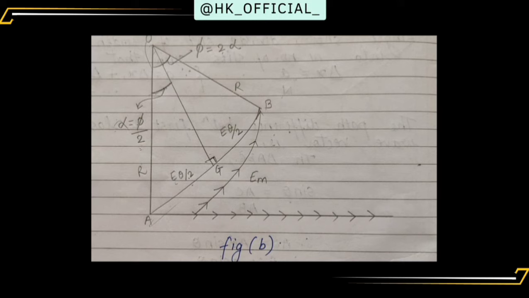Both are the same, just here I have written for phi and here for alpha. E theta by 2 is the length of AG and E theta by 2 is the length of GB. The arc that is forming, which I have shown with the arrow, is nothing but Em, the point having maximum amplitude. So this is figure B.